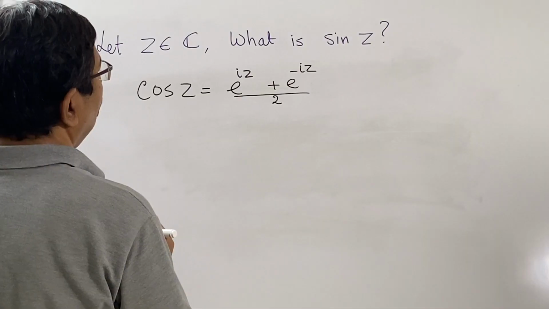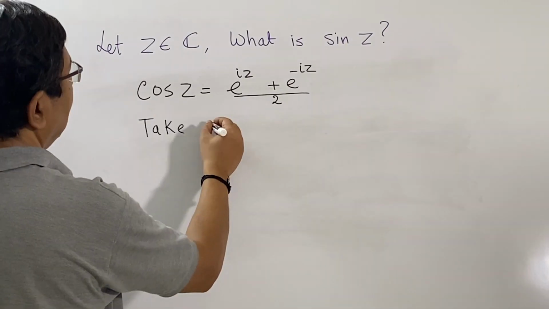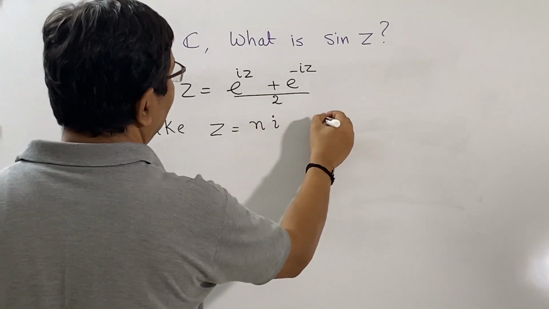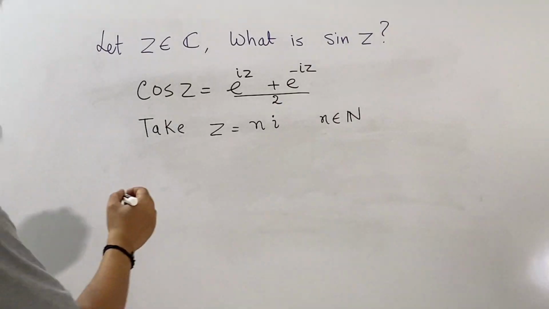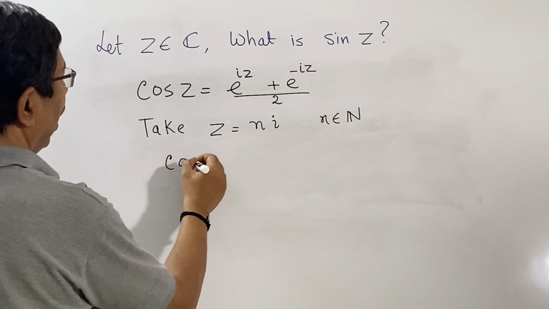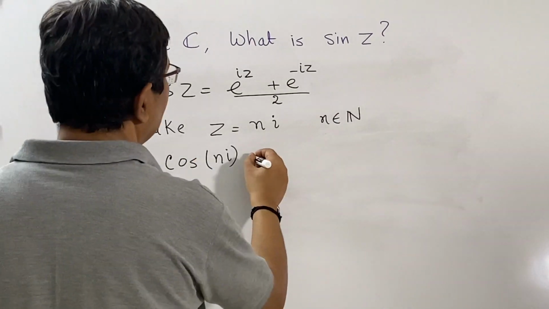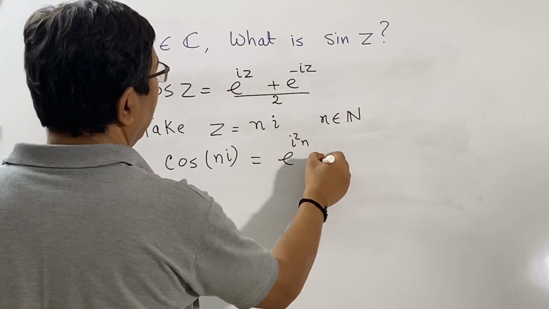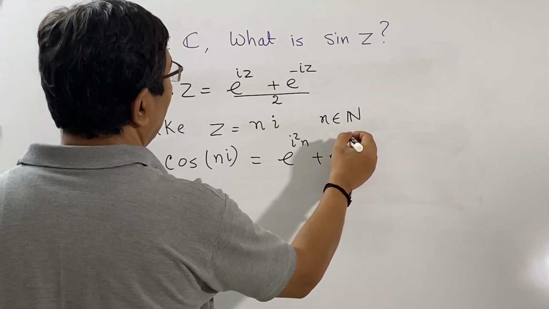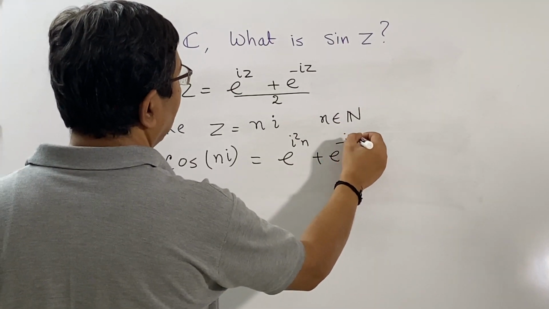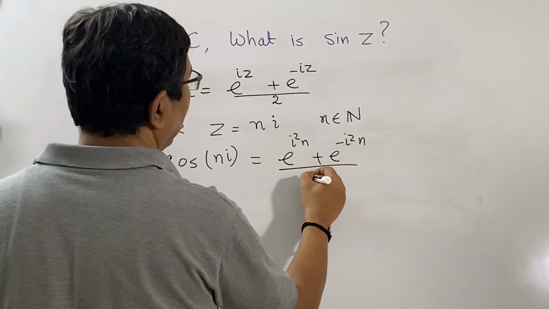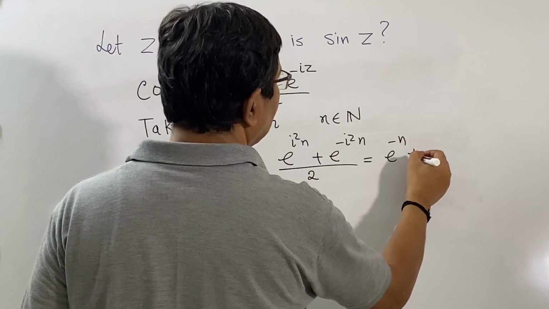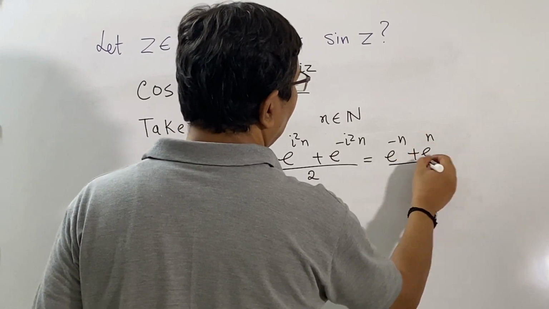Now, let us take z equal to n times i, where n is a natural number. Then cos of ni is e to the power i square n plus e to the power minus i square n divided by 2, which is e to the power minus n plus e to the power n by 2.